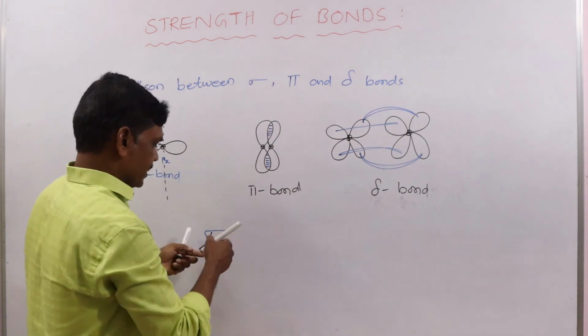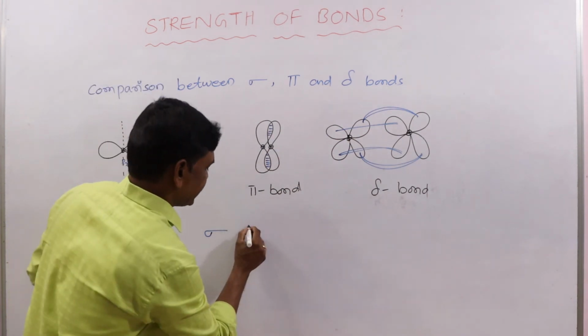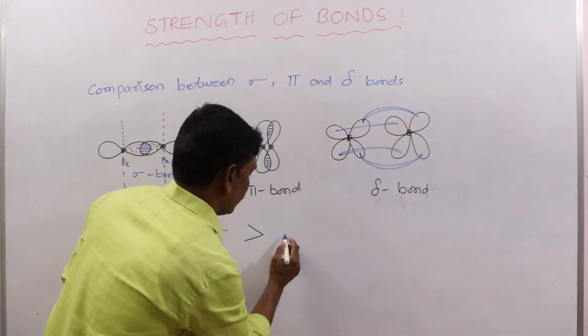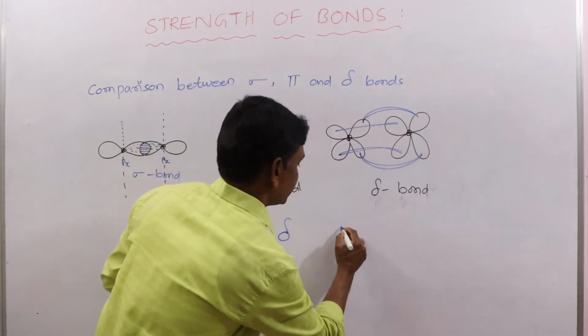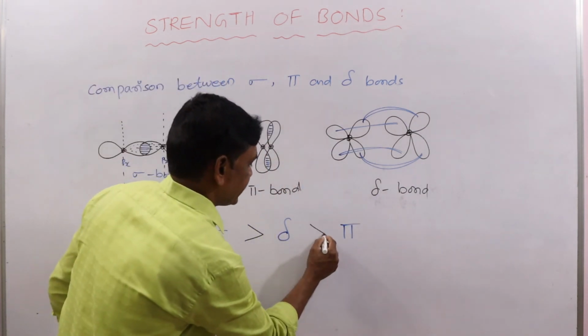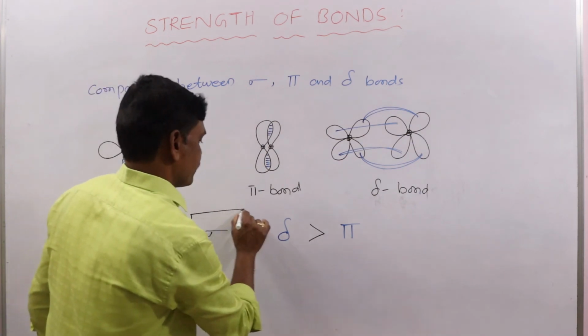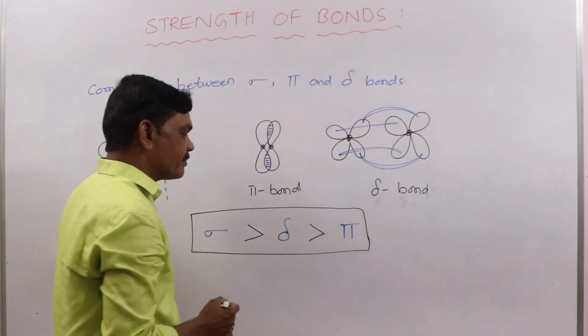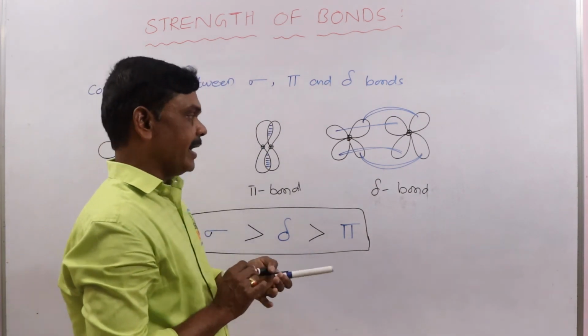So this sigma bond strength is more than which bond? Delta bond. It is more than pi bond. So this is the order of strength: sigma bond, delta bond and pi bond.